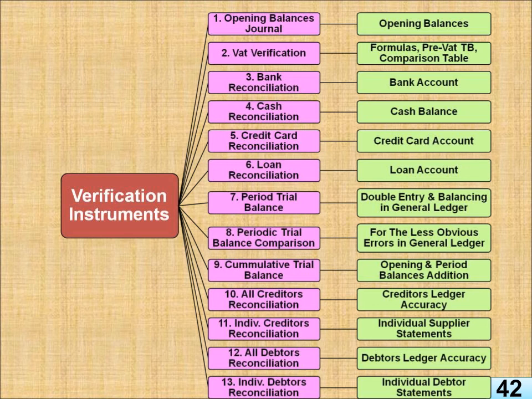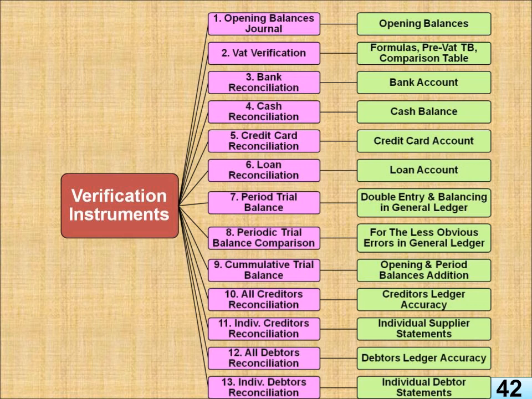7. We have a period trial balance, to verify double entry and the balancing in general ledger. 8. We have a periodic trial balance comparison for the less obvious errors in general ledger. 9. We have a cumulative trial balance, to confirm the correct addition of opening balances to period balances. 10.